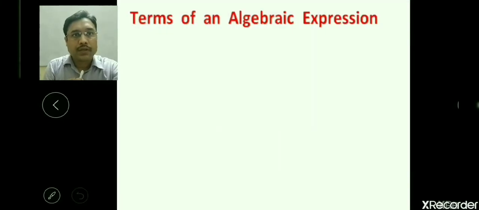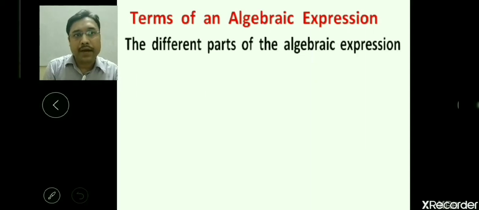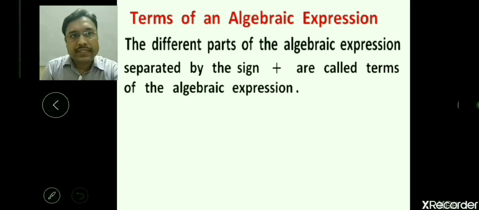Now we have to understand the terms of an algebraic expression, how you can differentiate between different terms. Okay, so the different parts of the algebraic expression represent the terms, separated by the sign plus.